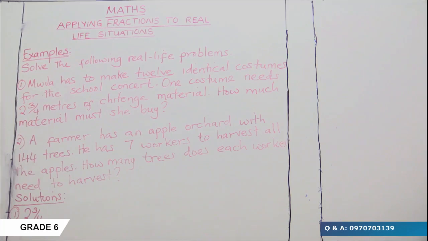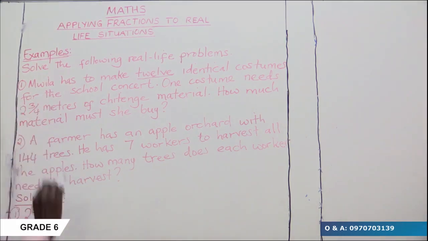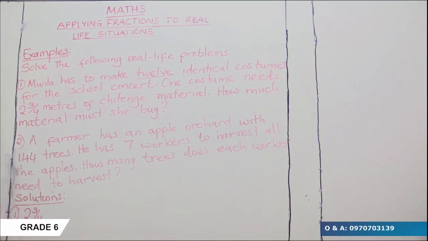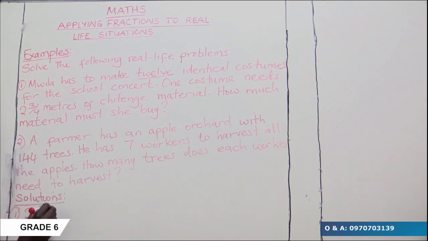Why? Because we are told Mwila has to make 12 identical costumes for the school concert. One costume needs 3/4 meters of chitenge material. So for us to find the number of meters that she has to buy, we need to multiply 3/4 times 12.